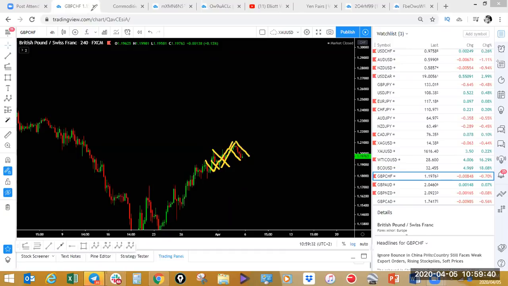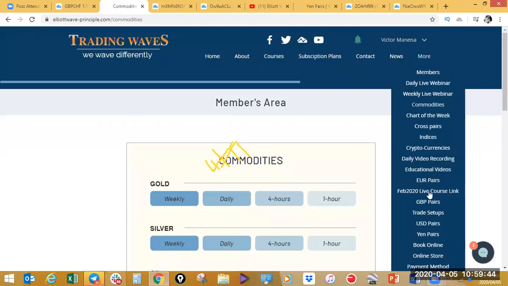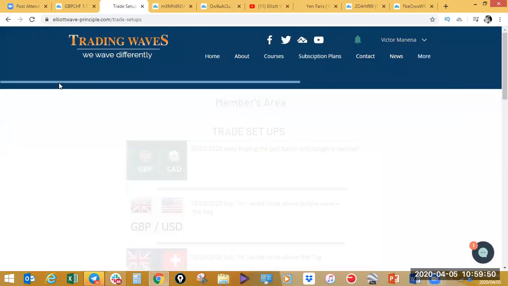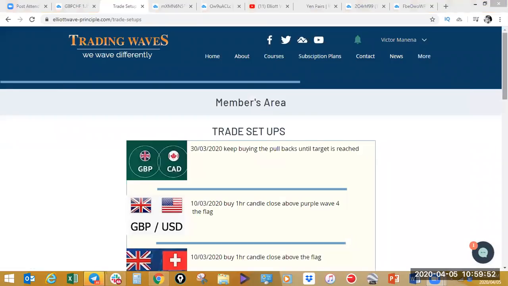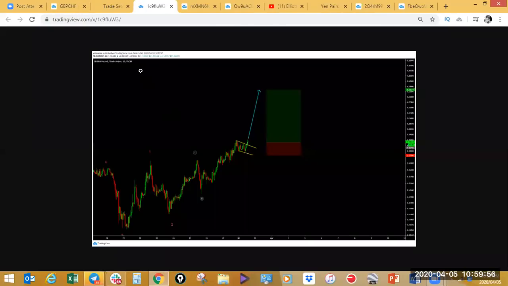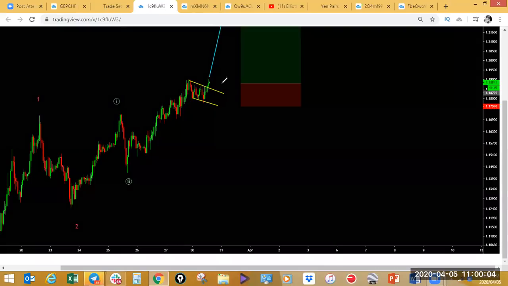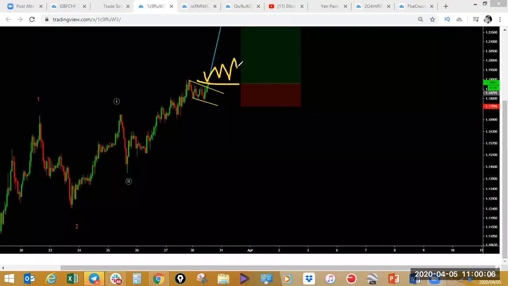It's going aggressively. Let me just go through those trade setups on the side, just so we can have a look at where we were looking at the setup on pound chief. So pound chief on our trade setup, that's where we got it from, around this level. 188 has moved about 100 pips from here, but it has been going very correctively, and now it's pulling back like that.